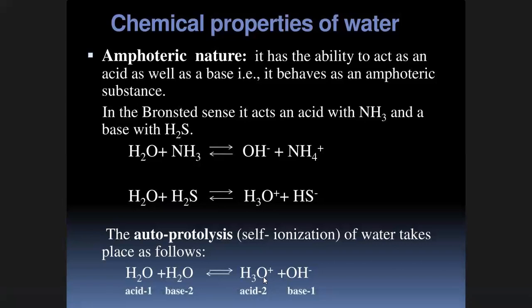Clear? This is known as autoprotolysis, है ना? Self ionization. Note this thing down. H3O positive is known as hydronium ion. H2O is water molecule. OH negative is hydroxide ion, and H3O positive is known as hydronium ion. Clear?